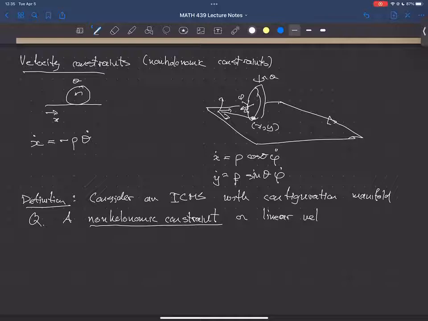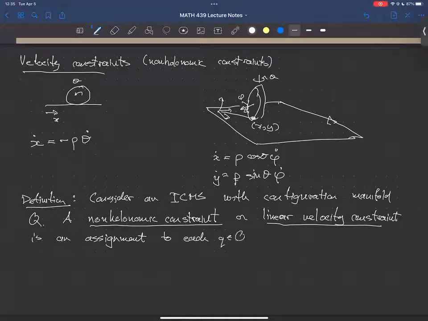So a linear velocity constraint is an assignment to each configuration q, okay, of a subspace D sub q in the tangent space at that point.